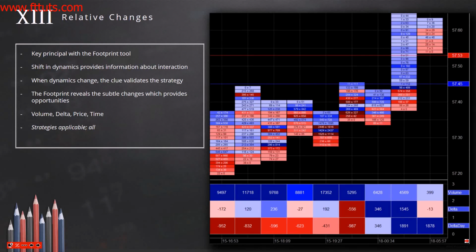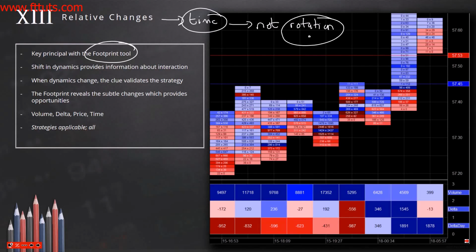Now, I've briefly introduced this relative changes concept earlier on in part A. So what is relative change? Well, with regards to the footprint tool, it's particularly important. Note, we only use relative change or speak of it when we are using time-based rotations and not the traditional rotation.